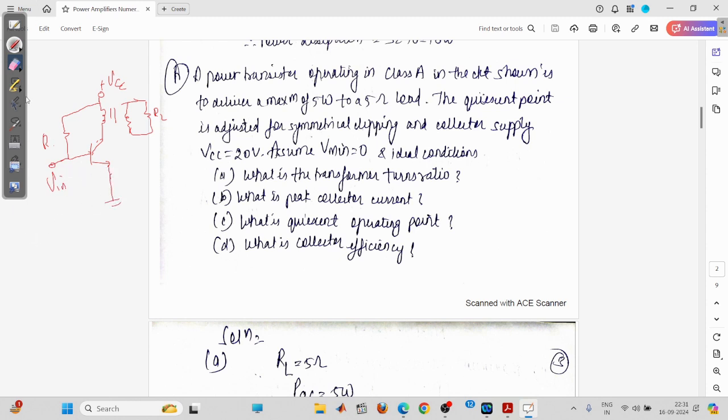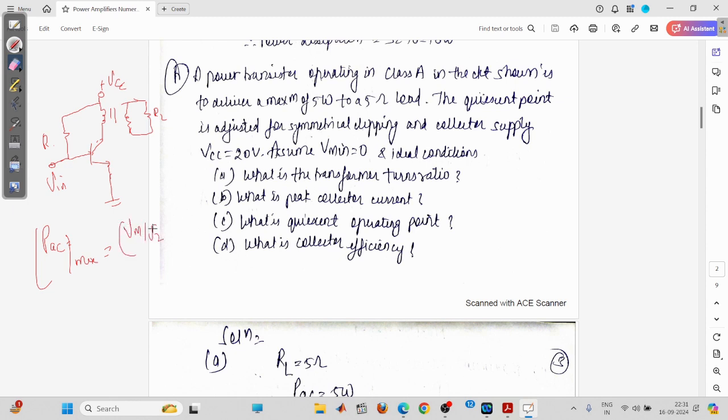So what it is saying is that this transformer coupling is delivering the maximum power of 5 watt to the 5 ohm load. So what is given is PAC maximum. When it is PAC maximum, we can say that it is Vrms square upon RL. So Vrms square is what?